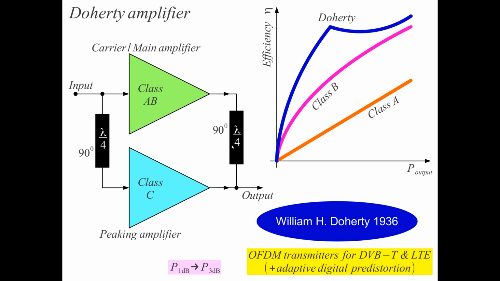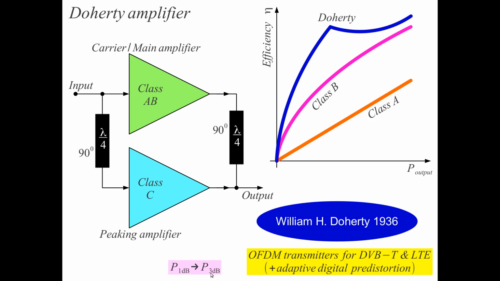Also, what is important, if we have digital predistortion, we can further drive this amplifier to achieve the highest output power, the highest efficiency in the output stage, so be up here. And frequently we specify not the P1 dB compression point, but the P3 dB compression point.